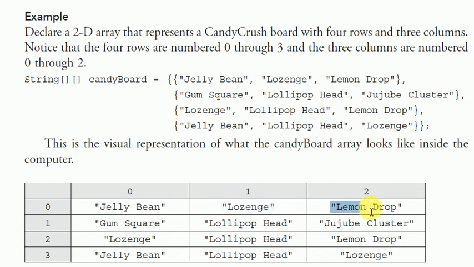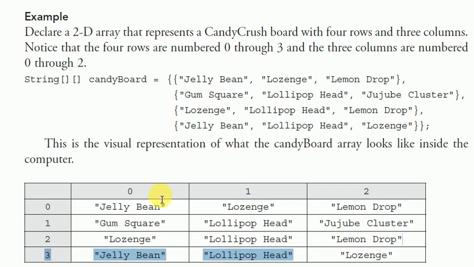Then this will become 1, 0, then 1, 1, and then 1, 2, and similarly 2, 0, 2, 1, 2, 2, and this is 3, 0, 3, 1, and 3, 2. So this is the way we can find the index of a 2D array, and whenever we have to put values in these slots, in these boxes, we should know the index numbers.